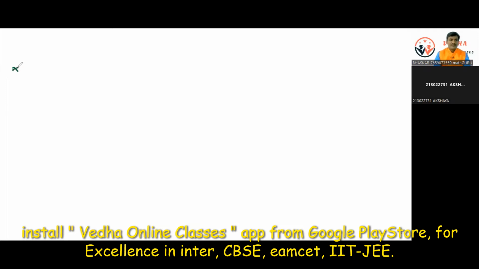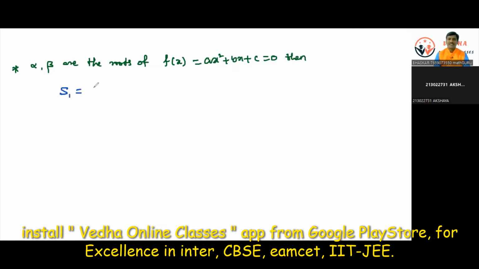Here alpha comma beta are the roots of f of x is equal to ax square plus bx plus c is equal to 0. Then what is the formula for finding the sum of roots and product of the roots? We write it as S1. S1 is the sum of roots.